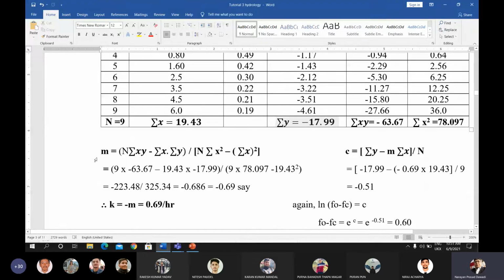Now to find the m value, use the relation n summation xy minus summation x summation y divided by n summation x square minus summation x whole square, which gives 9 into summation xy minus 63.67, minus summation x 19.43 into summation y minus 17.99, divided by n value 9 and summation x square 78.097 minus summation x whole square, 19.43 whole square.